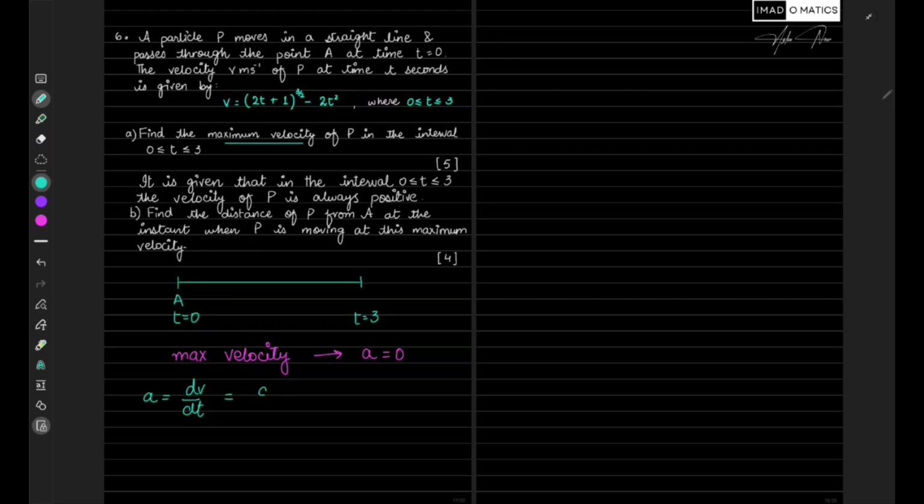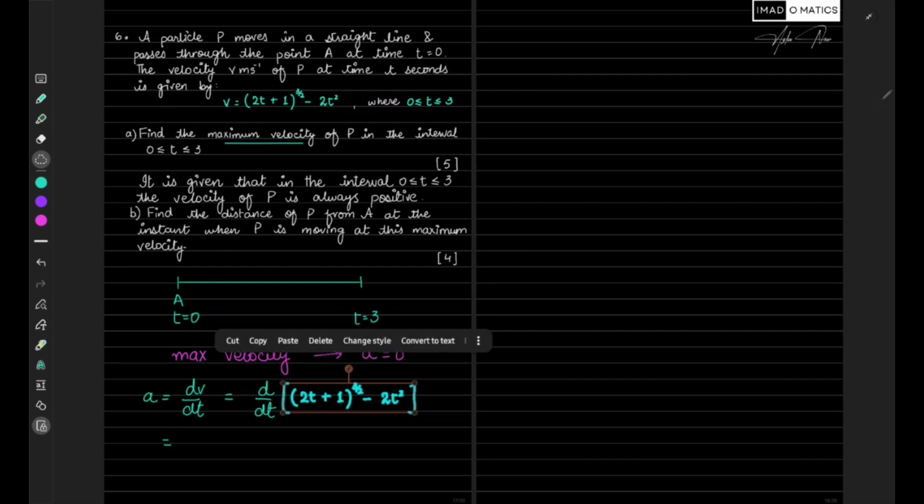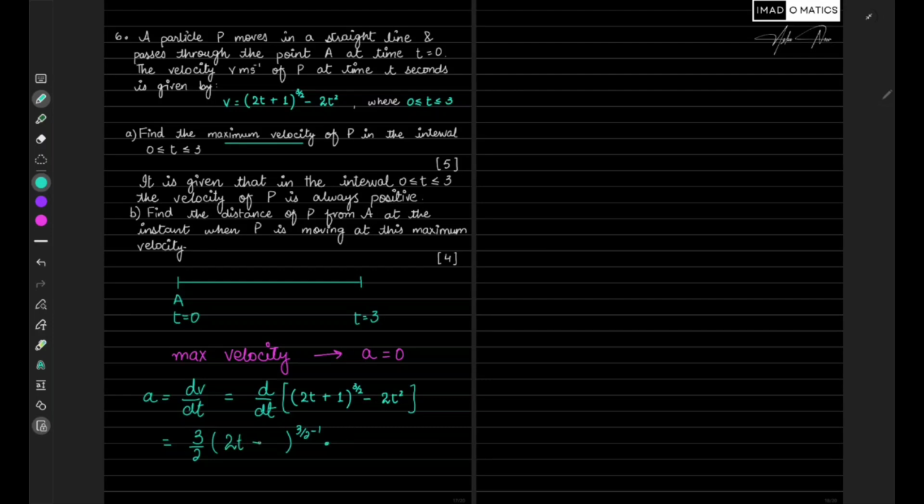So let's differentiate d over dt of 2t plus 1 to the power 3/2 minus 2t squared. We use the power rule: the power, the bracket as it is, and power minus 1, 3/2 minus 1, multiplied by the derivative of the bracket, which is 2. The derivative of 2t plus 1 is 2, minus the derivative of 2t squared, which is 4t.